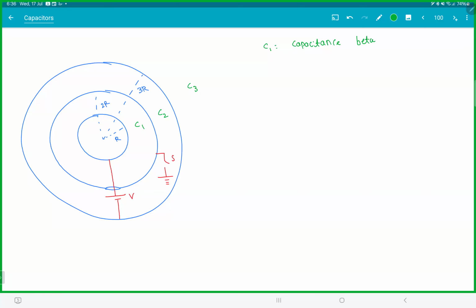So this is the capacitance between R and 2R. C2 is a capacitance between 2R and 3R. C3 is a capacitance between 3R and infinity.